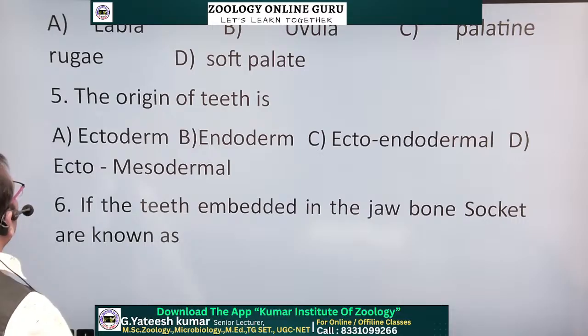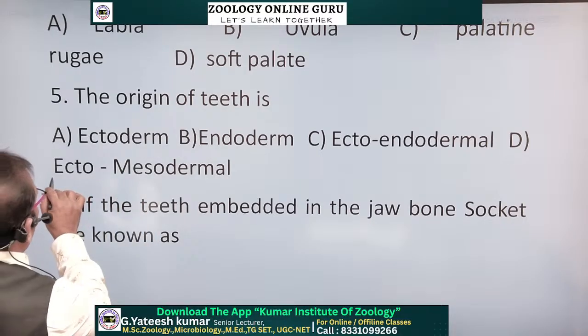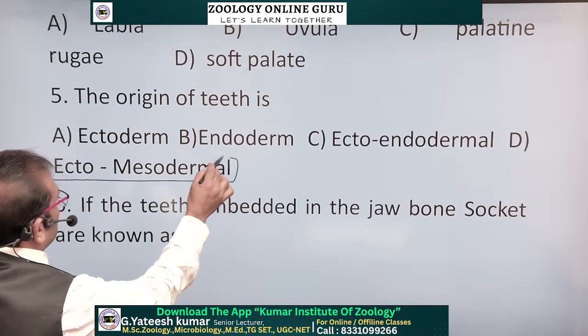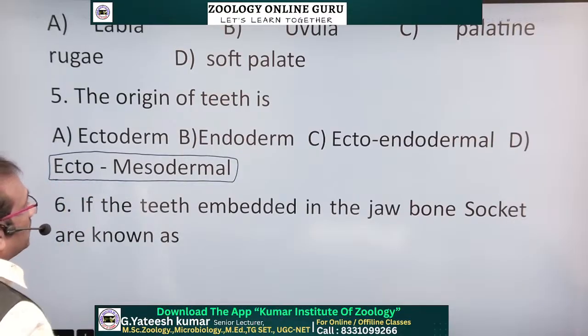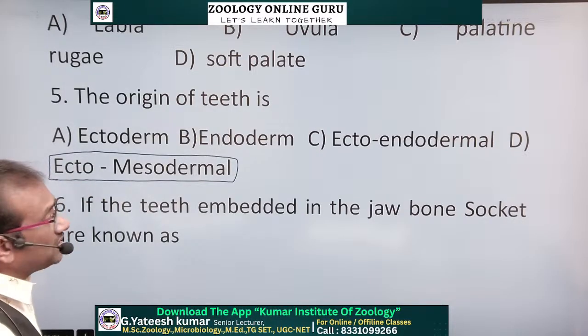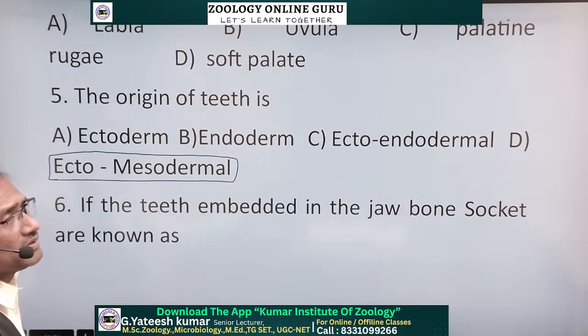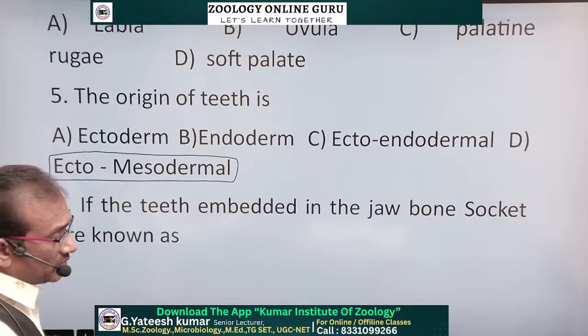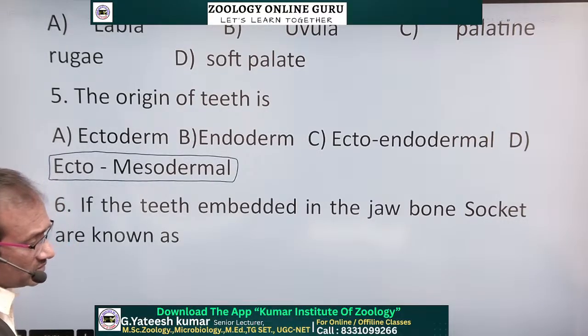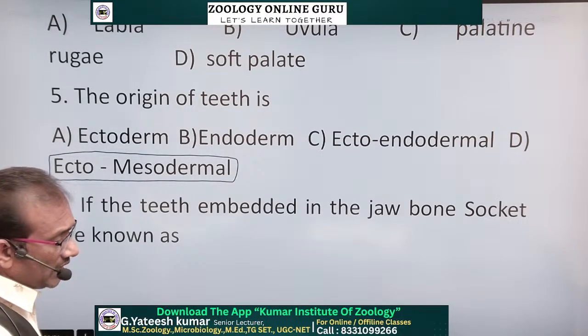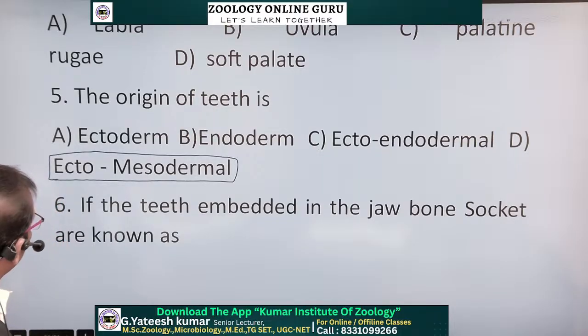So the origin of teeth is ectomesodermal. This is the answer. If anybody knows the answer, comment. Is there any doubt? Ectomesodermal is the answer.